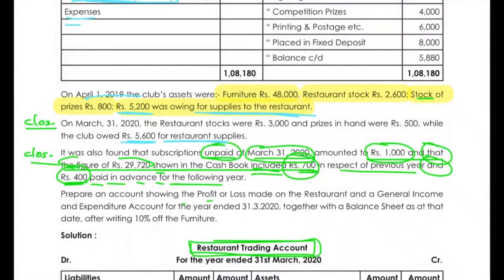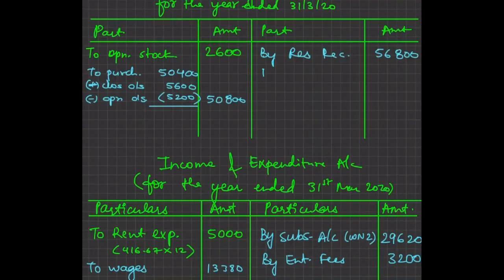And then we also had the closing stock of how much? Restaurant stock was 3,000, which is given over here. So by closing stock of 3,000. So let's close our trading account. Here the total would be 56,800 plus 3,000 would be 59,800. And here also the total should be 59,800.